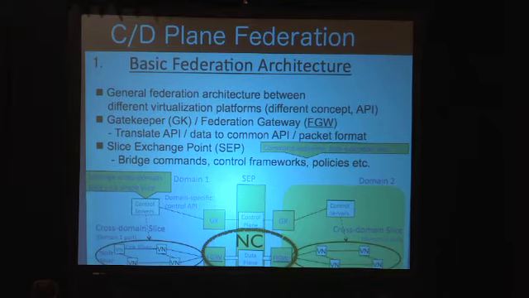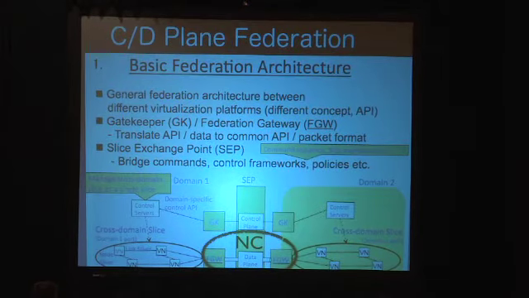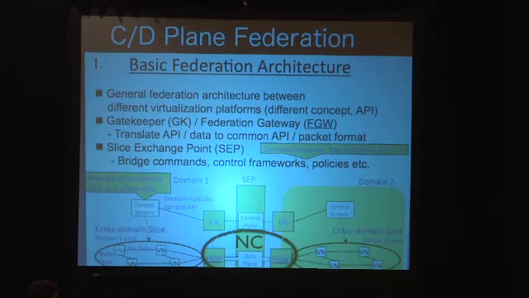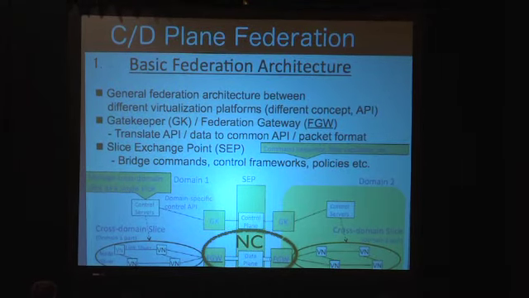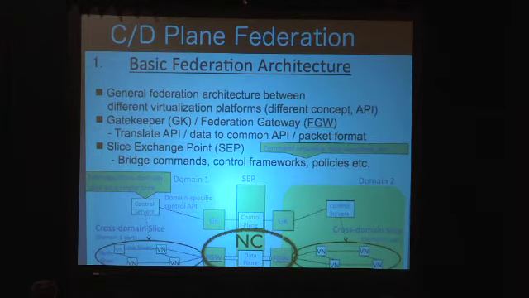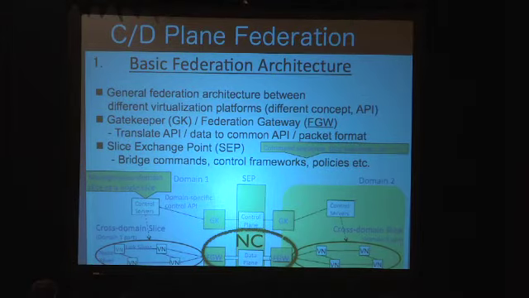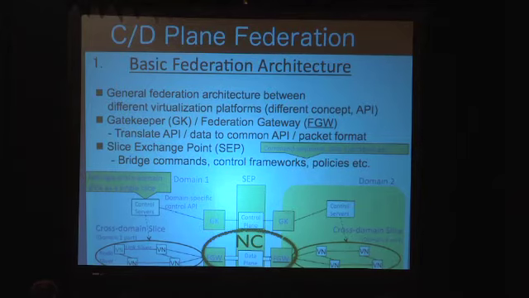This is the federation architecture that we have. Because we have a very different architecture than the proto-GENI system or any other GENI system, we need a component called a SEP, slice exchange point. This is like an exchange point in the current internet, but it translates APIs from proto-GENI to VNode, or VNode to proto-GENI.